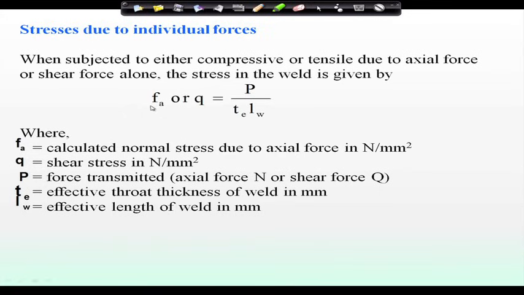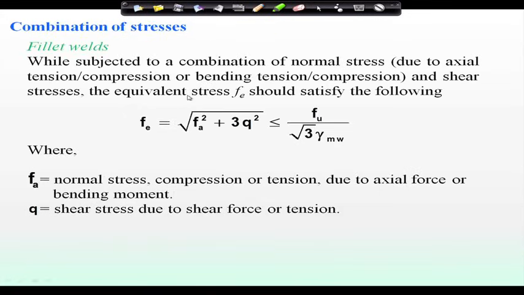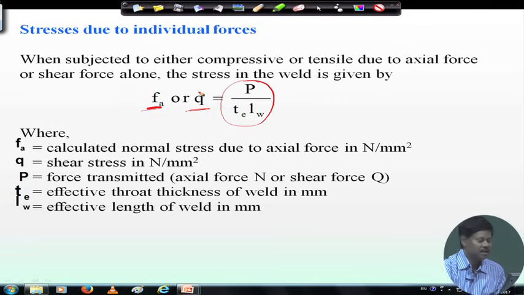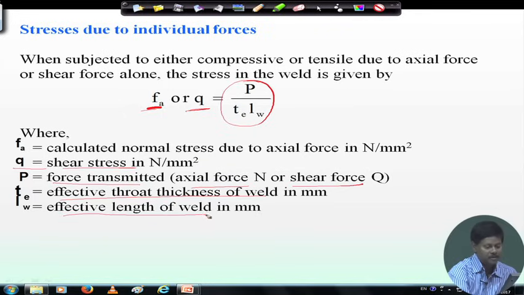So, we can find out the compressive stress or tensile stress or shear stress from this formula, P by T_e into L_w. F_a is the normal stress due to axial force and q is the shear stress due to shear force, and P is the force transmitted, it may be axial force or shear force, and T_e is the effective throat thickness of the weld in millimeter, and L_w is the effective length of weld in millimeter.